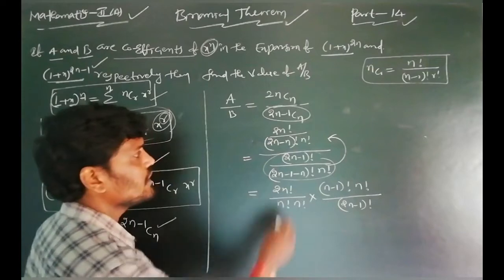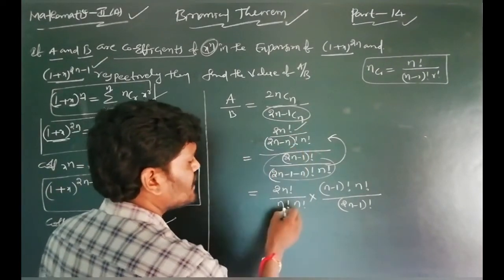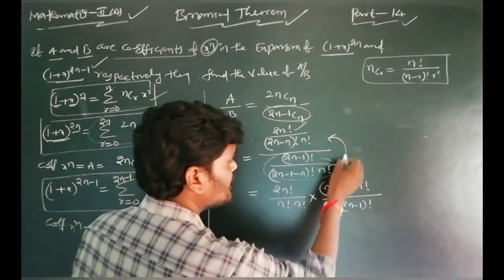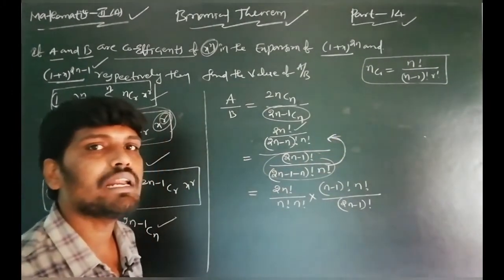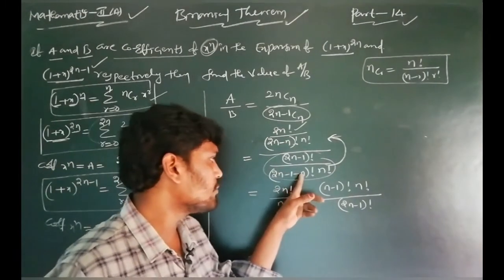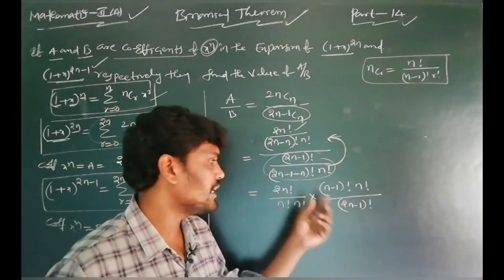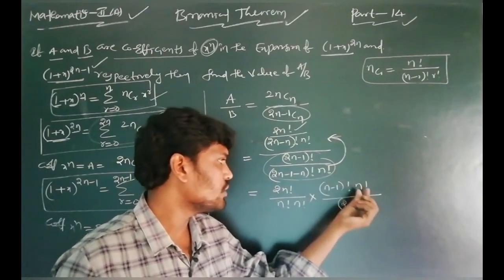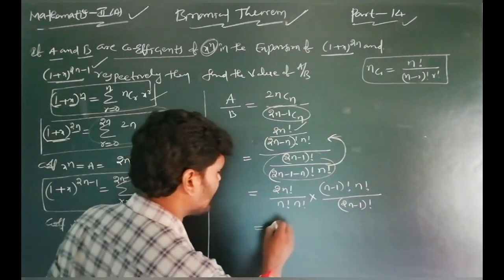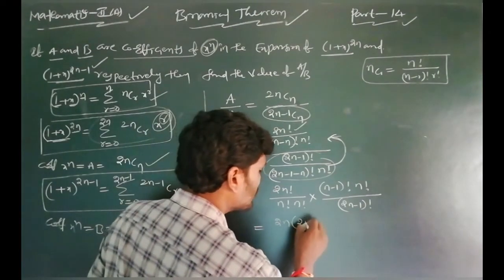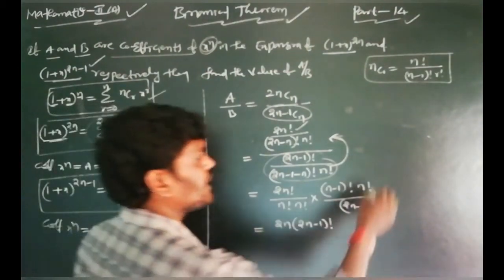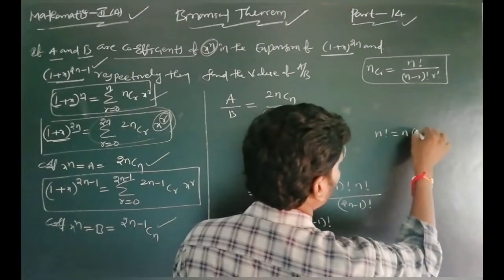Once again, explain: 2n factorial by (2n minus n) factorial into n factorial. This denominator goes to the numerator as a reciprocal, numerator and denominator interchanged. Here 2n minus n minus 1 is (n minus 1) factorial into n factorial, all by (2n minus 1) factorial. Here 2n factorial can be written as 2n into (2n minus 1) factorial, and n factorial is n into (n minus 1) factorial.